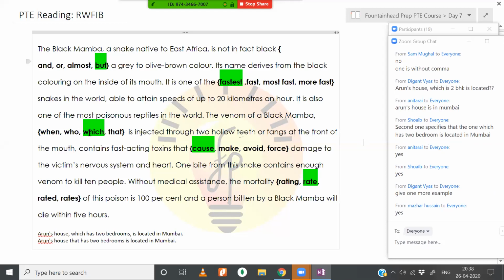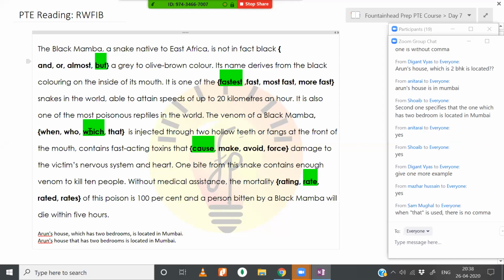You will see such testing of which versus that quite often. You could practice it a bit more on our website. Now that you have understood, I am assuming that you may not repeat the mistake again. When that is used, there is no comma. Yes. You will be able to see a few more examples on our website, so you can practice by going to the platform.